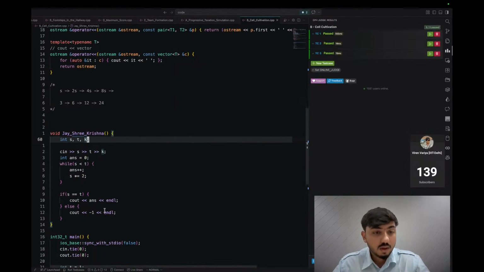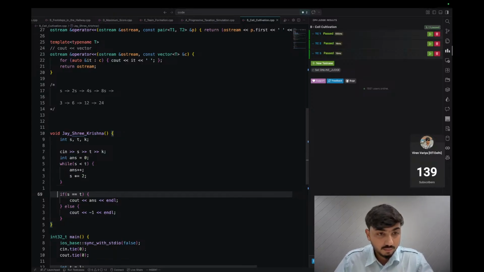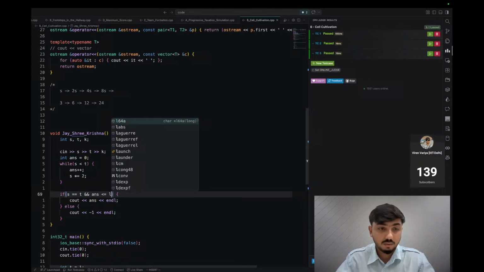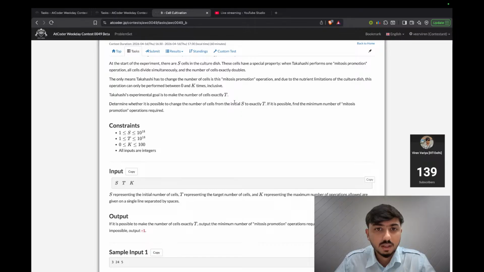And here we also have to check that the answer should be less than or equal to K. You can't perform more than K operations.